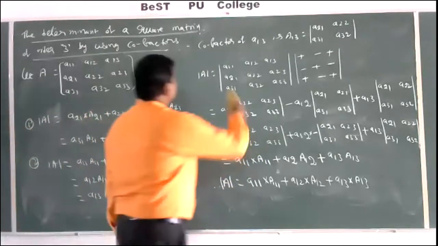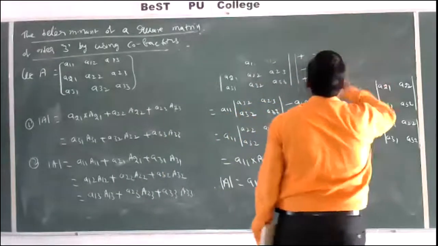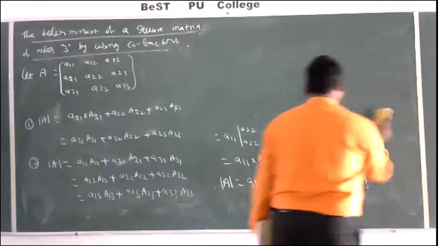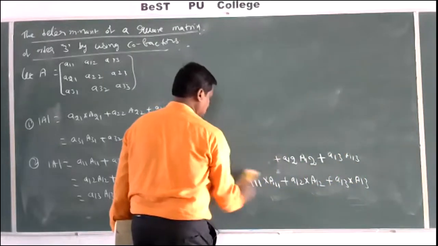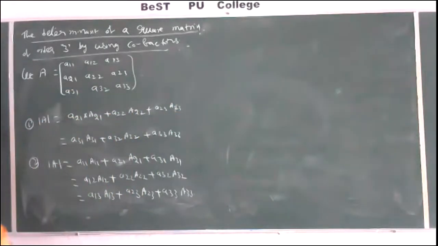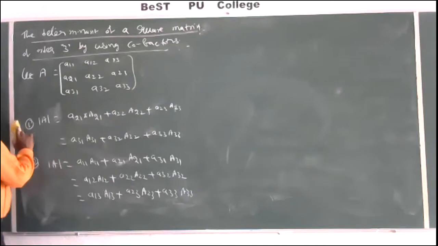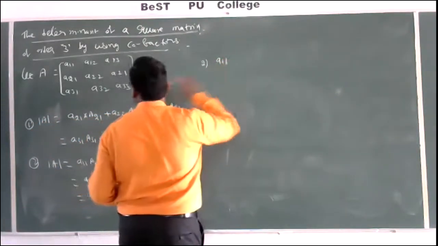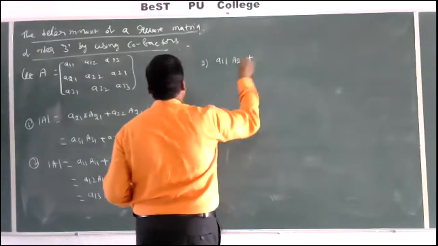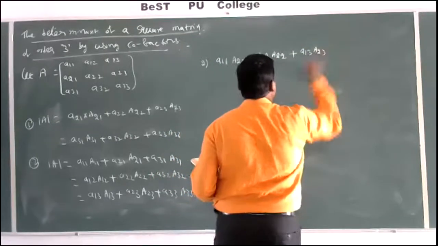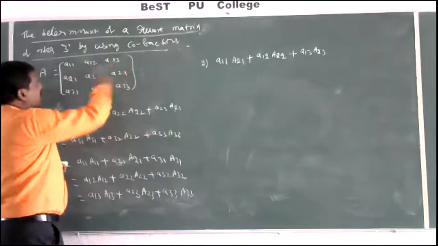First note this down. If you consider the first row elements, that means A11 with second row cofactor A21, A12 with capital A22, A13 with capital A23, here we are considering first row elements and second row cofactors.